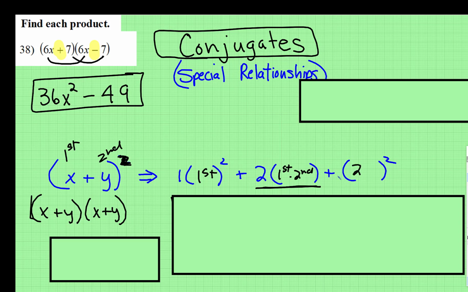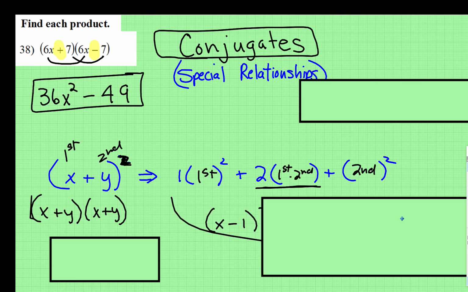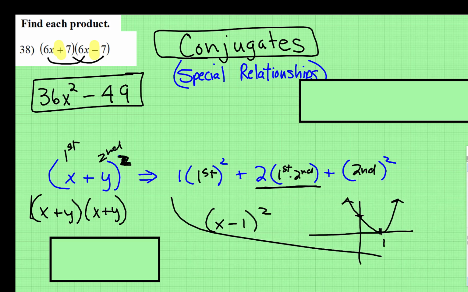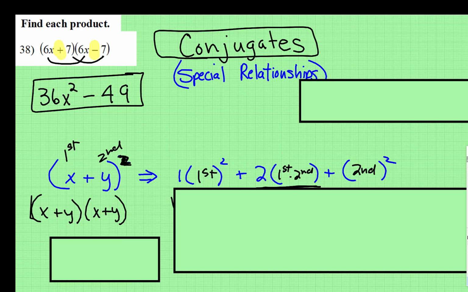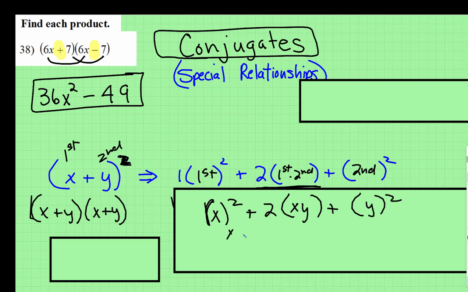And then you're going to add the second term squared. So the first term is x, so it's going to be x squared plus 2 times the first times the second, plus the second thing squared. So x squared plus 2xy plus y squared.